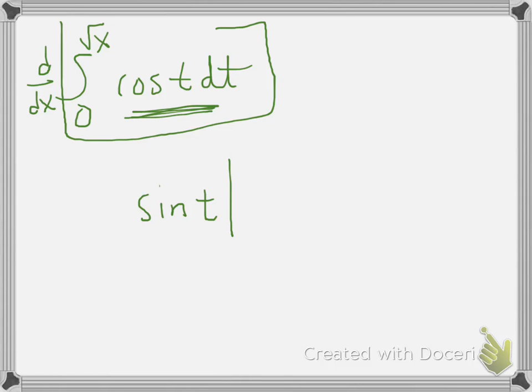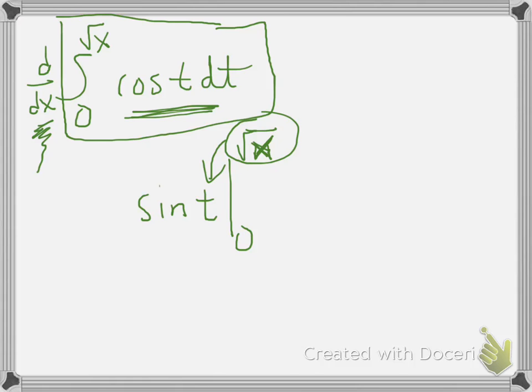and we'll bound that. So in other words, we're going to zoom in on performing the integral, and then we'll eventually differentiate the result. Okay? So sine of t, we're going to go ahead and bound that from 0 to root x. Now we're going to grab root x, store it in place of t. All right, then we'll have sine root x. And now we're going to subtract.